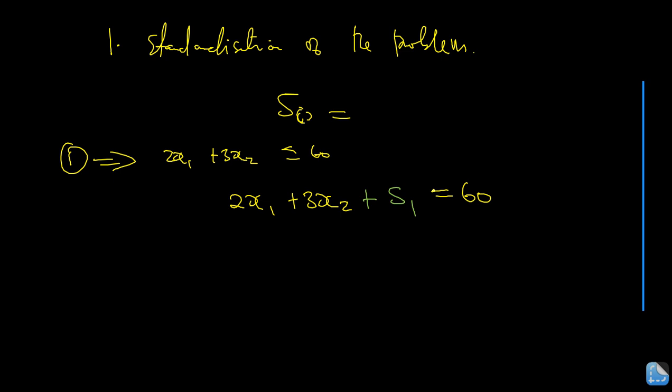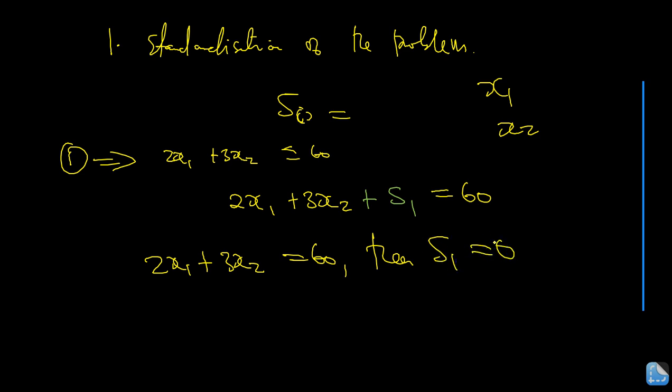Now, if you solve for the optimal solution and you have found the values of x1 and x2, and 2x1 plus 3x2 is exactly equal to 60, then we are saying that the value of s1 is equal to 0.